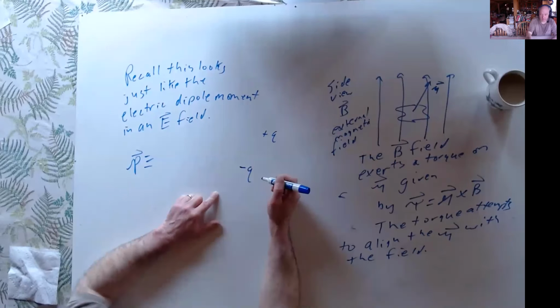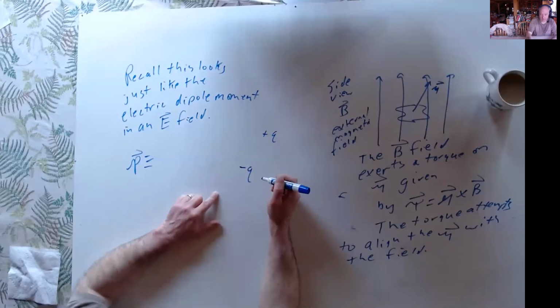And we ask what happens if we have an electric field here like this, and we place this little P here. So here's our negative charge and here's this little positive charge. And what did we say happens? Well, we said that that electric field puts a torque on that P, and it's given by P cross E. So in this case, we have P cross E, but in the magnetic case, we have mu cross B. So the two look just like each other.